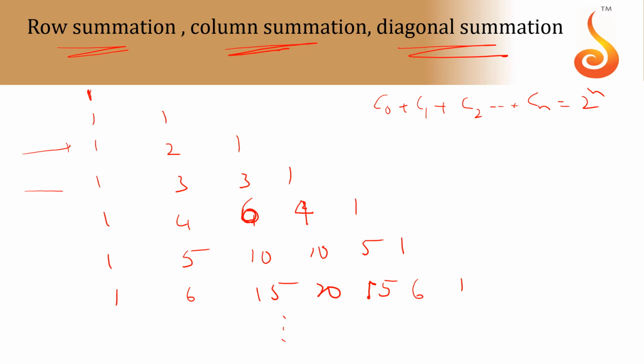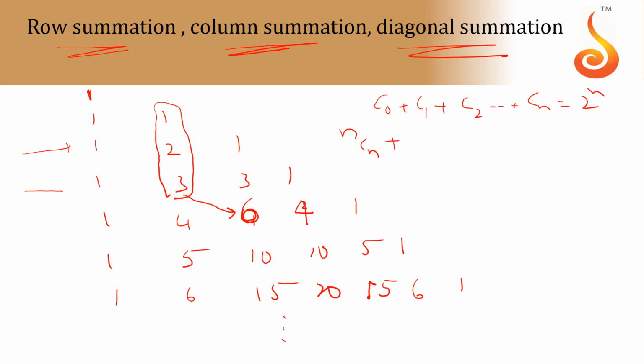Then what is column summation? If you observe carefully, a column starts with the last coefficient. Suppose I add these 3 in a column, moving like this; their sum will be like this. A column starts with the last coefficient, that is nCn.